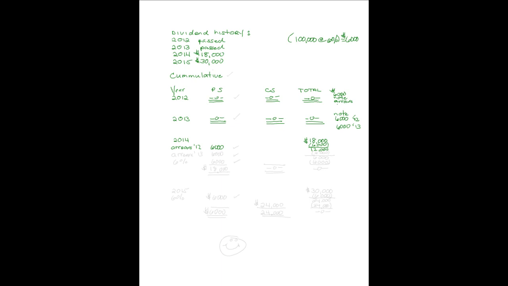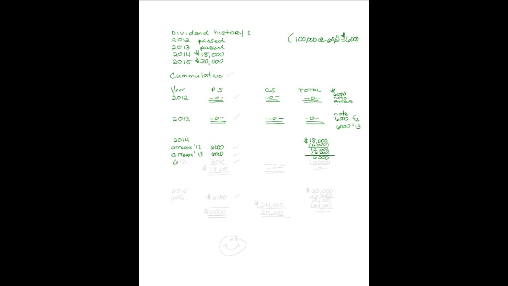The second thing that's going to happen is the dividend in arrears for 2013 is going to be paid, and the preferred stockholders are going to get that, and it's going to leave $6,000 left.